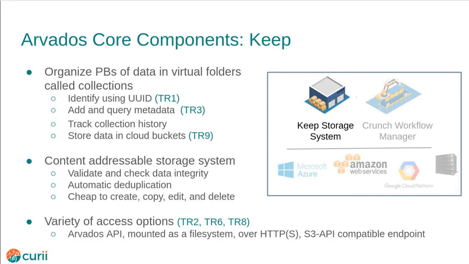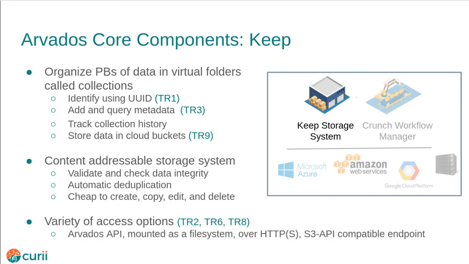Data Commons Technical Requirement 3 is services for assigning and accessing metadata for digital objects. We saw how Arvados makes it possible to search and query user metadata. Data Commons Technical Requirement 9 is storage resources for cloud-based analysis of data.